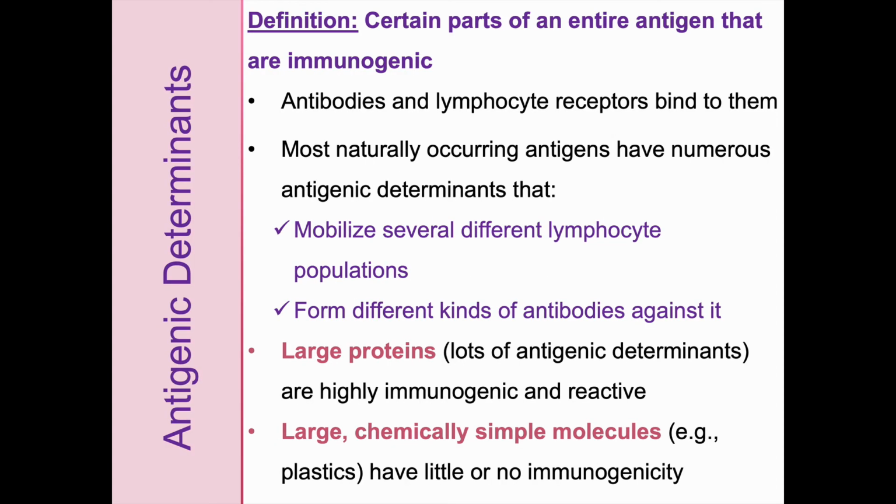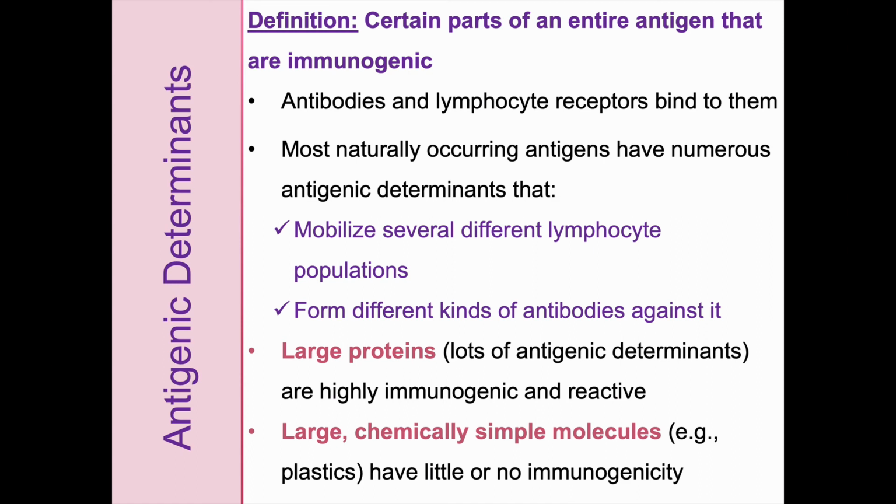Next, what are antigenic determinants? They are certain parts of an entire antigen that are immunogenic, where antibodies and lymphocytes react and receptors bind to them. Most naturally occurring antigens have numerous antigenic determinants that mobilize several different lymphocyte populations and different kinds of antibodies against them.